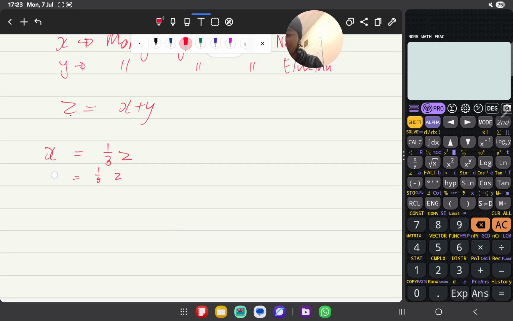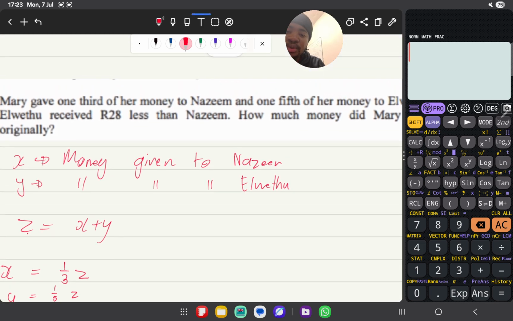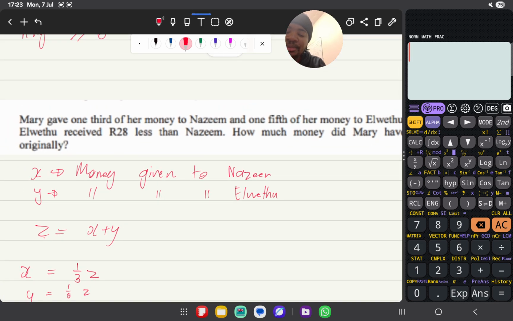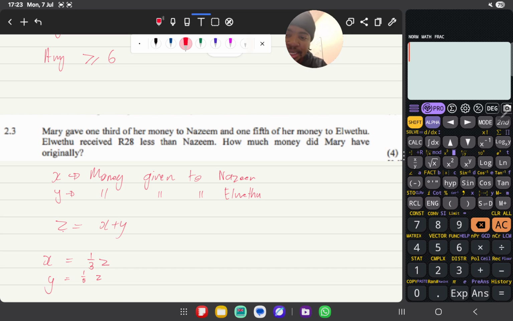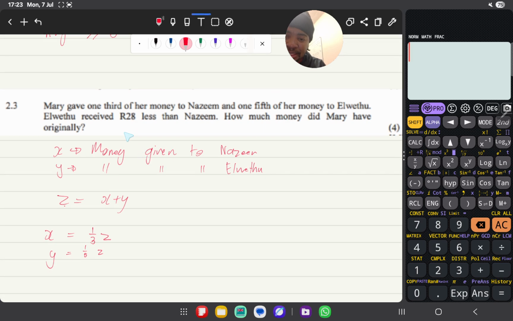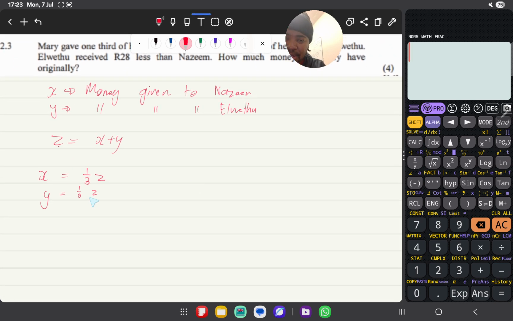This is why for Elwetu. I'm just gonna say Elwetu at this point. So then they say Elwetu receives 28 rand less than I. So this is the money that she receives, né?